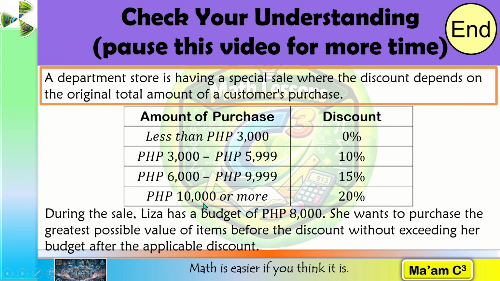And for 10,000 or more, 20% discount. During the sale, Lisa has a budget of 8,000 pesos. She wants to purchase the greatest possible value of items before the discount without exceeding her budget after the applicable discount. We will assume that Lisa is going to consume the whole 8,000 pesos.